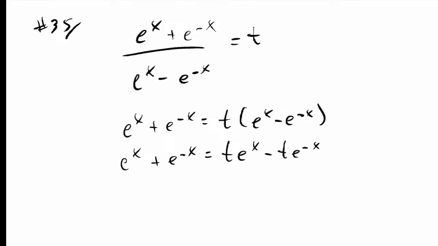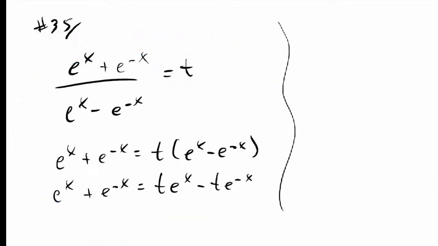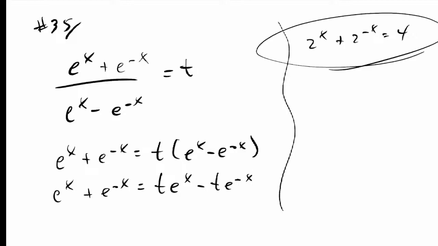The trick with these questions, and there's value in this, is that if I gave you something like this, let's say, I'm just making this up, the strategy was you could multiply across by 2 to the x, and you end up getting 2 to the 2x plus 1 is 4 times 2 to the x, then you can treat it like a quadratic.